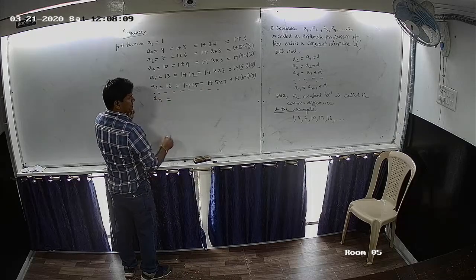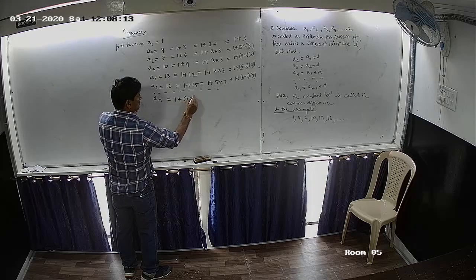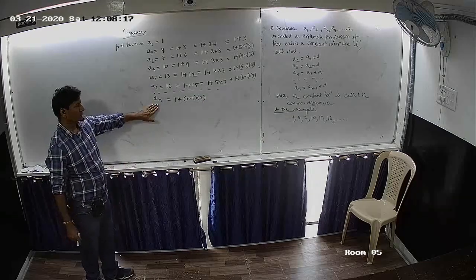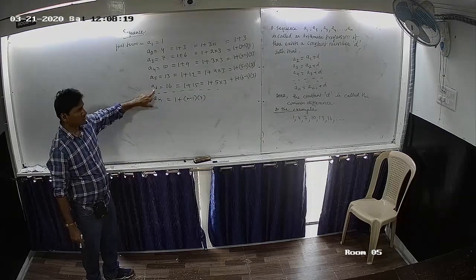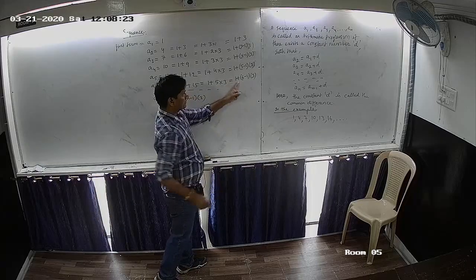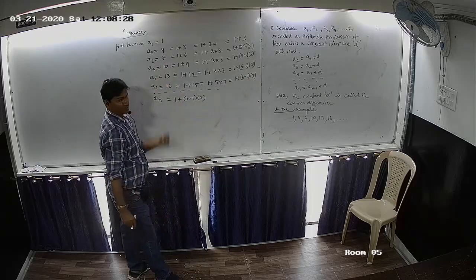An is equal to 1 plus n minus 1 into 3. An is the nth term. The sixth term we are writing as 1 plus 6 minus 1 into 3, where 3 is the common difference.